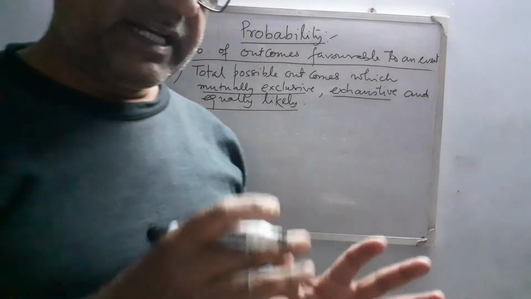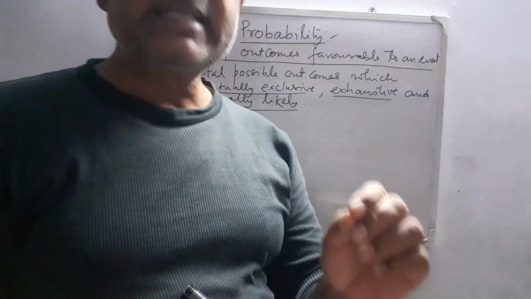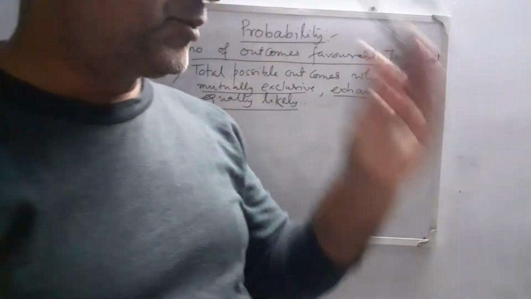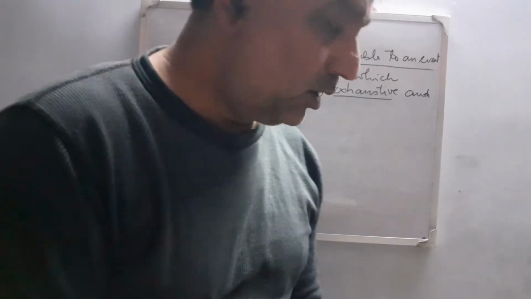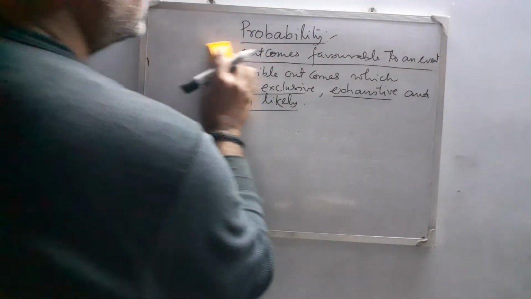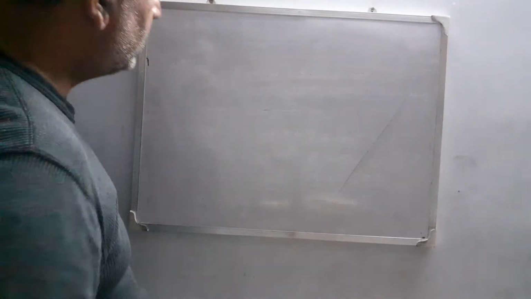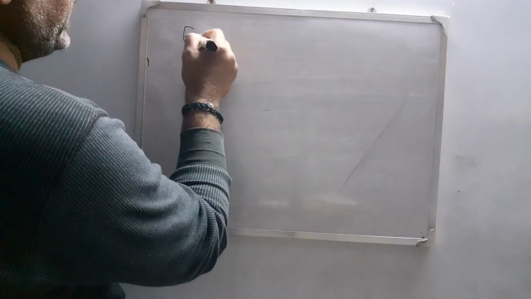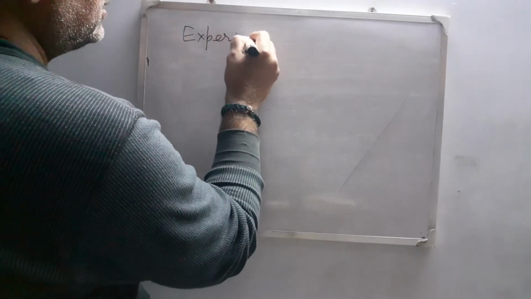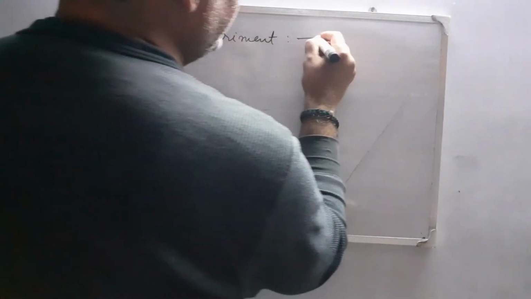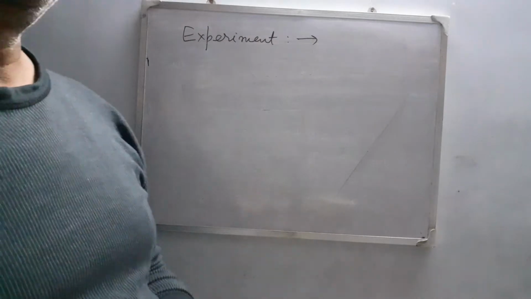In case of a random experiment, let us take a recap of class 11 probability. We know that an experiment is an act which has outcomes.